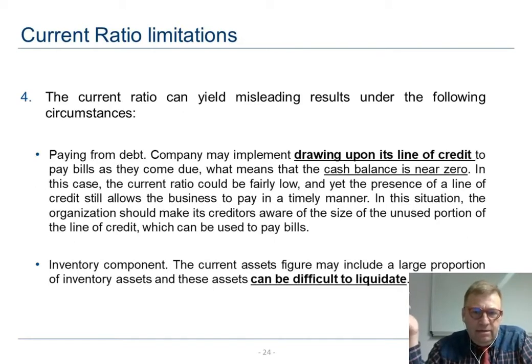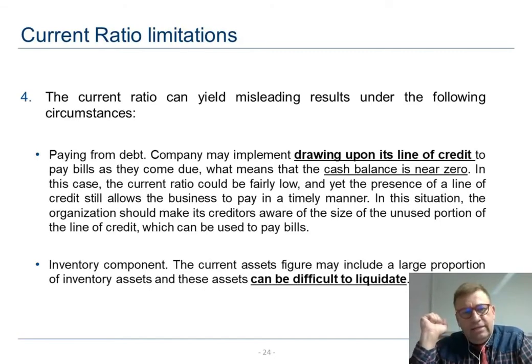And as I said as well, current assets are sort of tricky because they may have a lot of inventory or stock, and as such it may sometimes be very difficult or even impossible to liquidate. Therefore, current ratio has some hidden disadvantages.